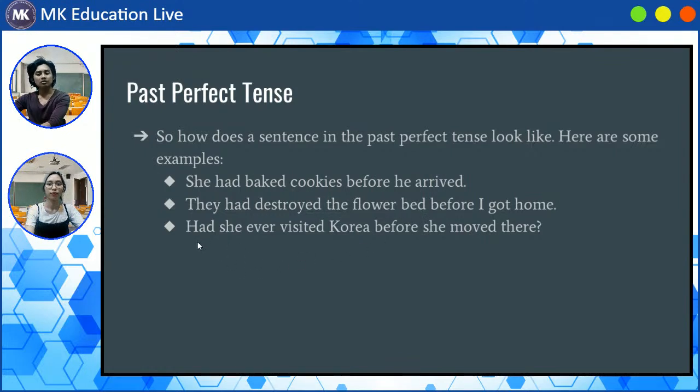Now, the question: had she ever visited Korea before she moved there? So this she here is currently in Korea, but the question is asking, has she ever visited Korea for some time before she moved there?